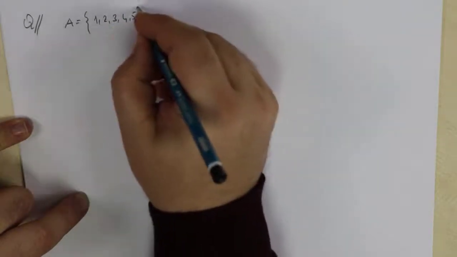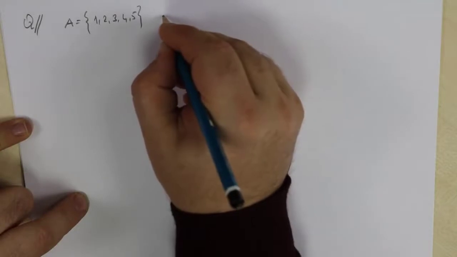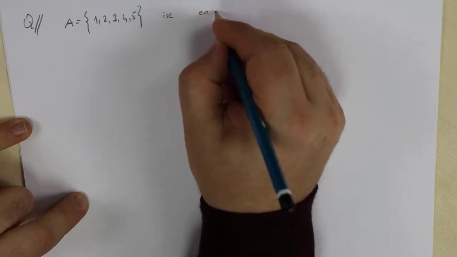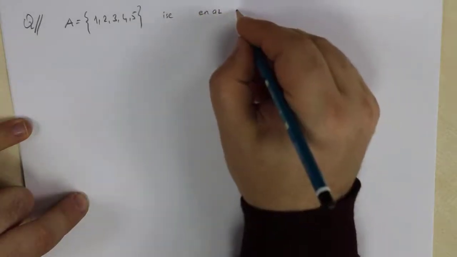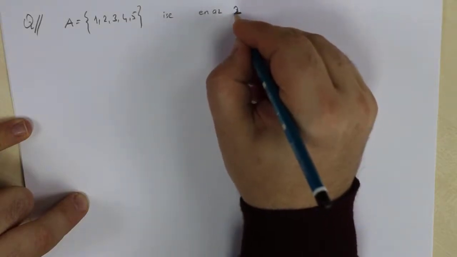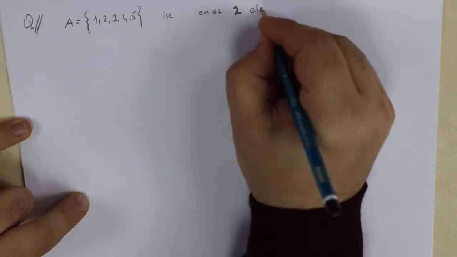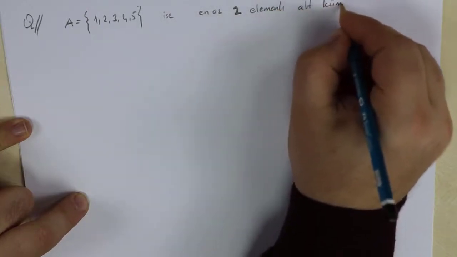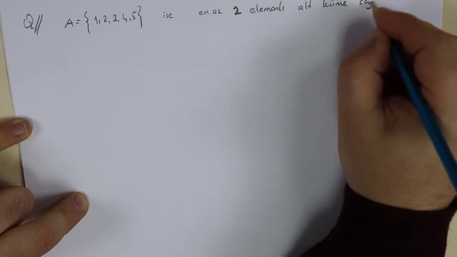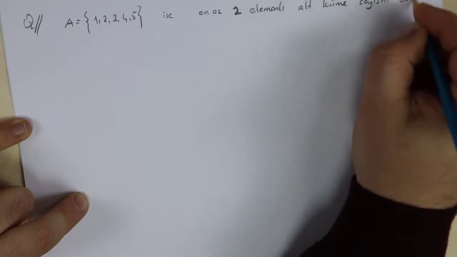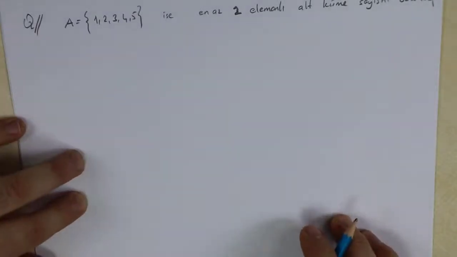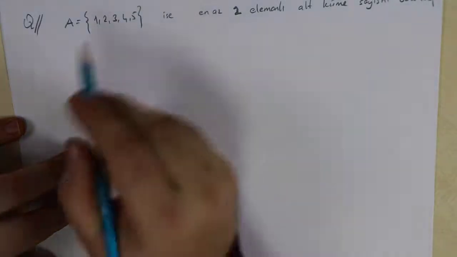This is the set, and if this set is given, we are asking how many subsets from set A have at least two members or 2 elements within them. So we need the number of subsets from set A that have at least 2 elements. So pay attention to at least here.